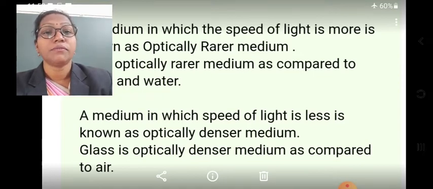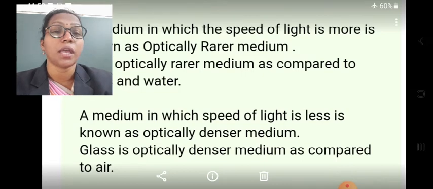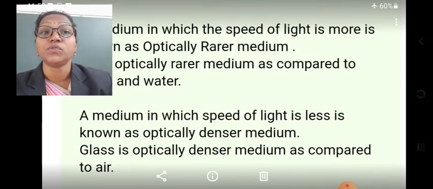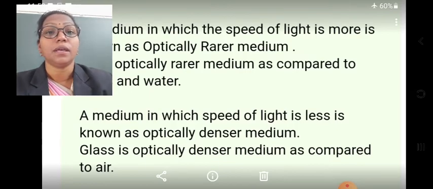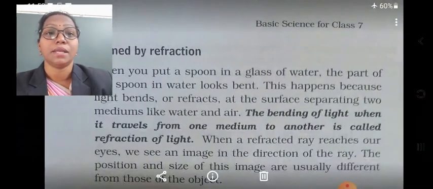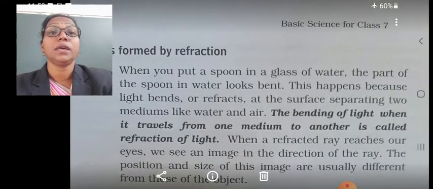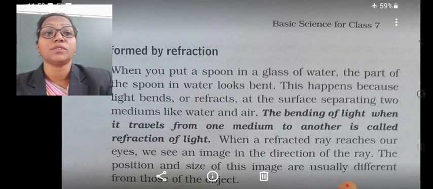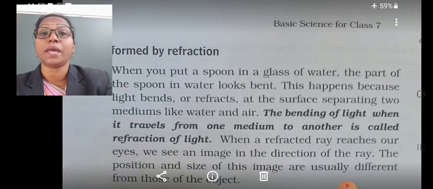So students, when light enters from one medium into another medium, the path of light is changed. The light bends. Here are some examples. When you put a spoon in a glass of water, the part of the spoon in water looks bent.